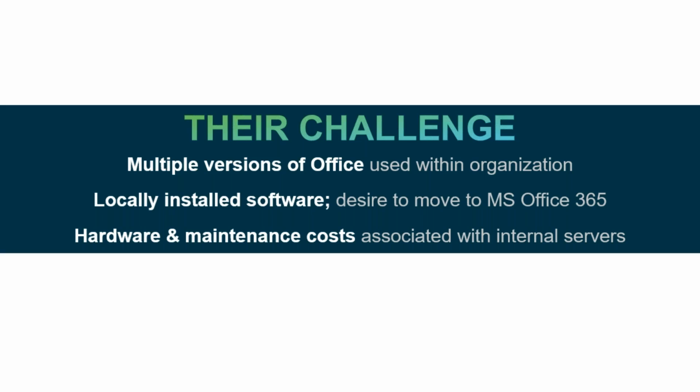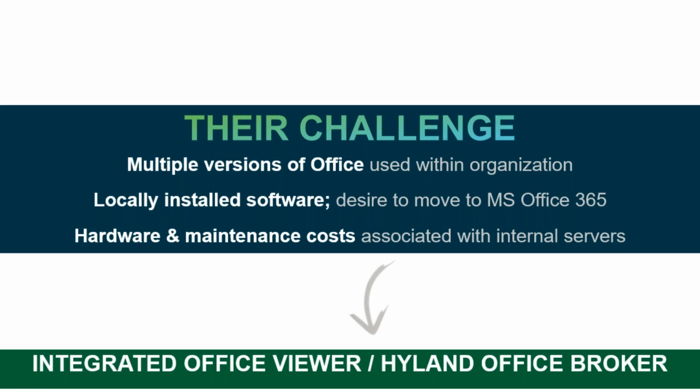They could, and as Frank asked, host the Office Online server installs internally. And that's actually what they started with initially, but found that there was some maintenance involved in keeping those Office Online servers up to date with the latest Office Online technology. So their desire was to continue to still use the integrated Office viewer, but they wanted to eliminate the need to host the Office Online servers.